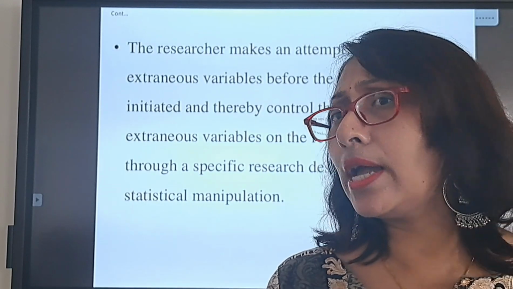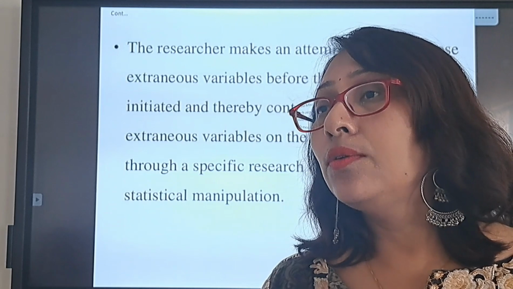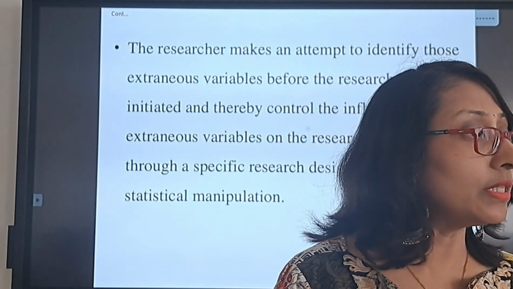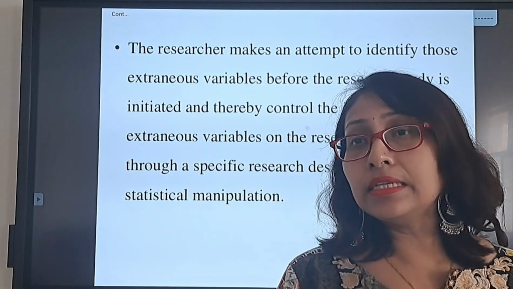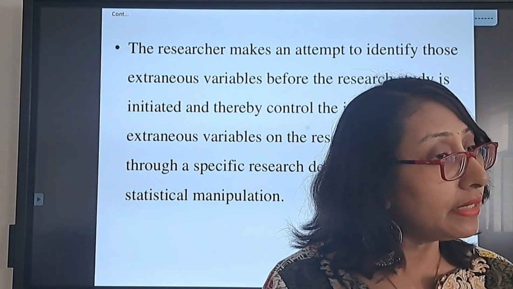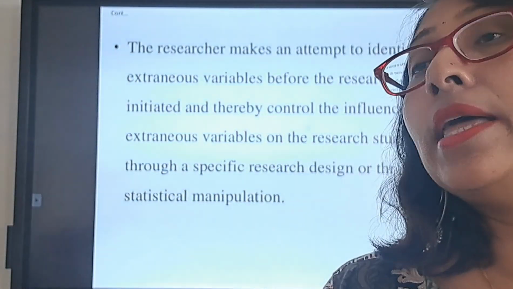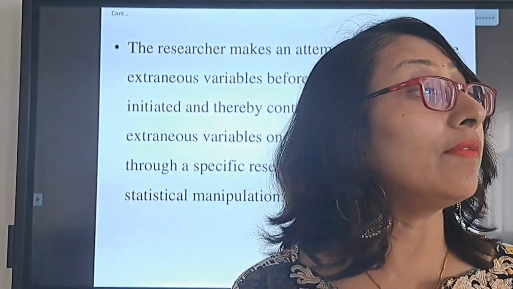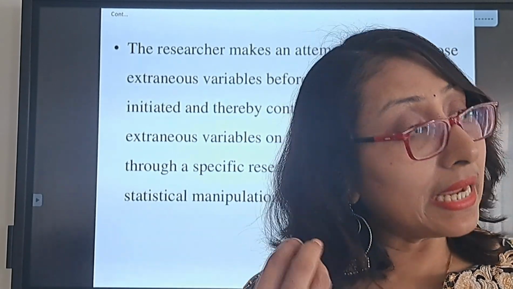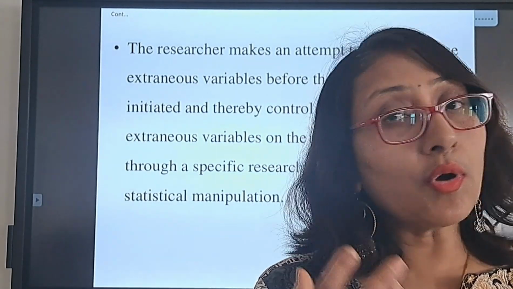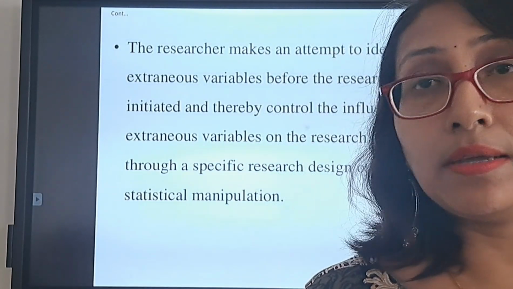Certain variables you can put some constraints on, like in the experimental study, we are doing it in the lab. So in the lab, what happens? We are preparing a very scientific, conducive environment, which is suitable where no extraneous variables will interfere. An artificial kind of environment you are creating in the lab to avoid the contact of the extraneous variables.